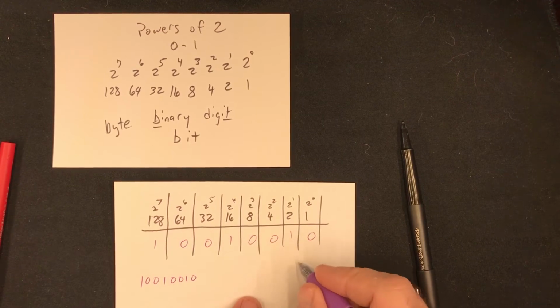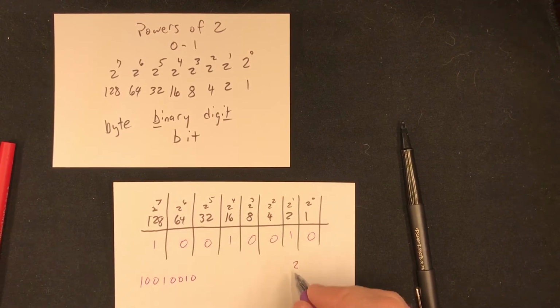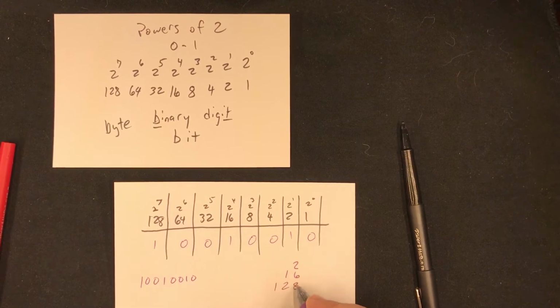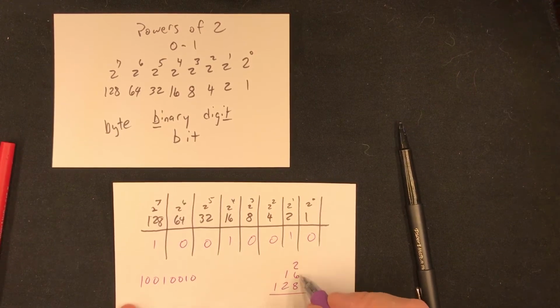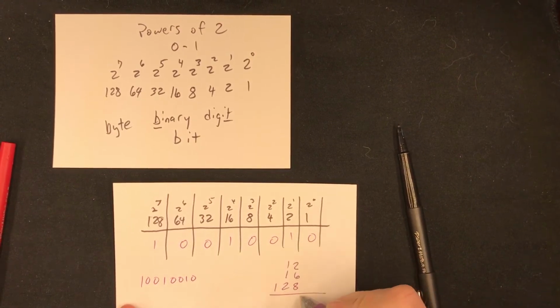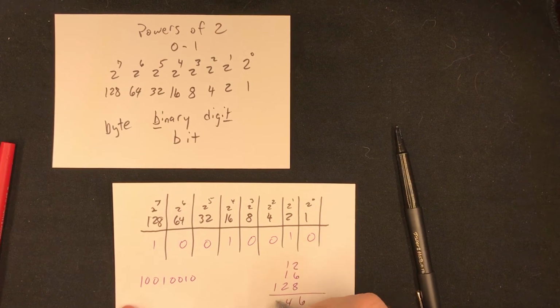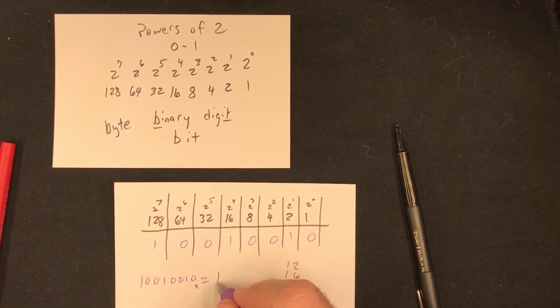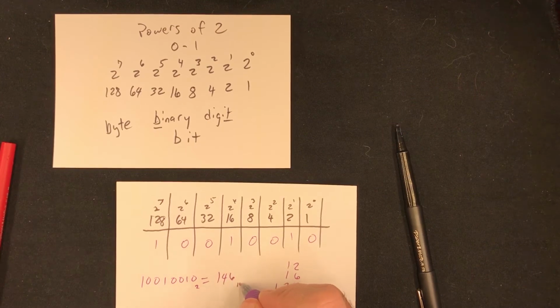So I've got a 2 and a 16 and 128. If I add all of those up, I'll get the decimal equivalent: 10, 16, 4. So this number in base 2 is equal to 146 in base 10.